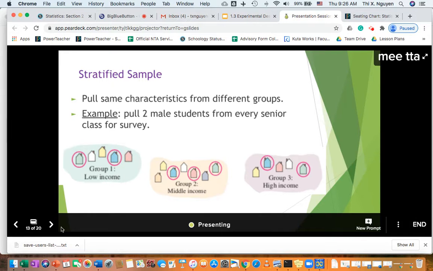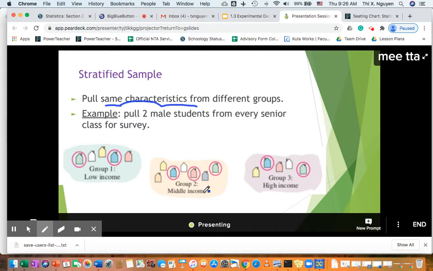Stratify is you pull the same characteristics, but from different groups. So if you look over here, I have 1, 2, 3 groups. Okay. What you do is you're going to pull the same characteristic. Look at group 1. I'm pulling blue, and this is mint. I'm pulling this color. So if anything with this color in this group 1, I pull that color.